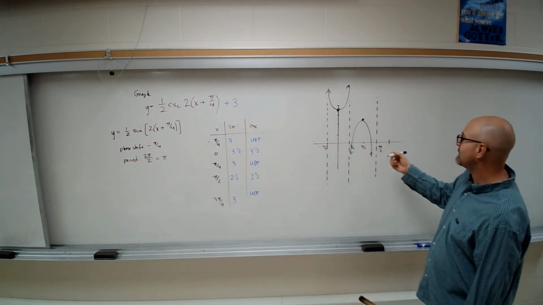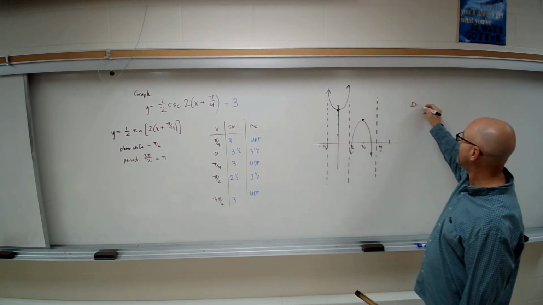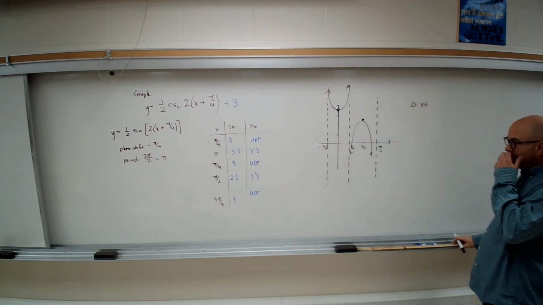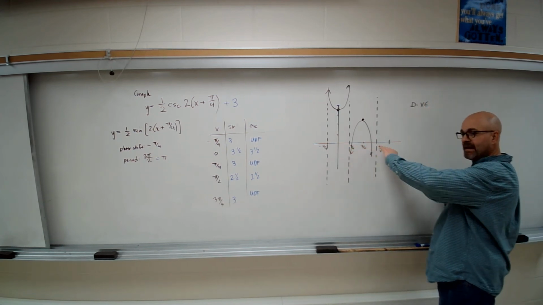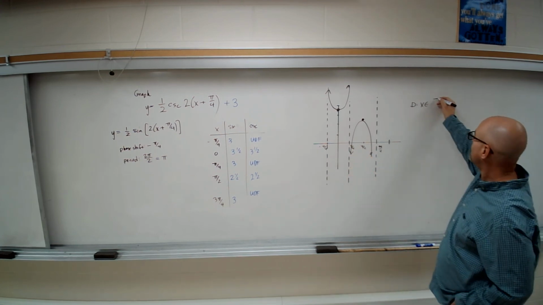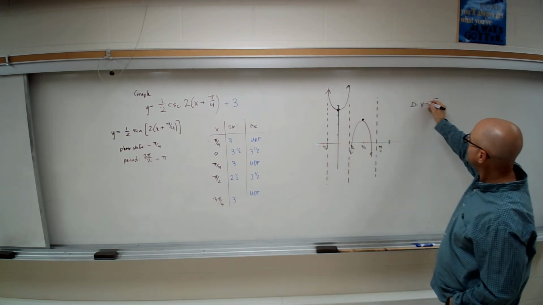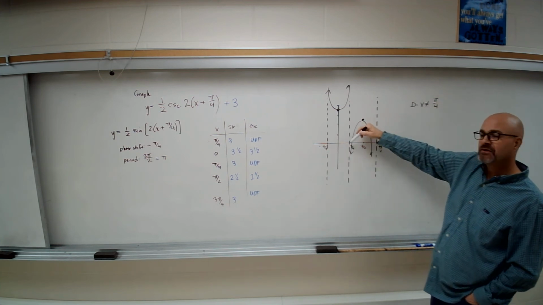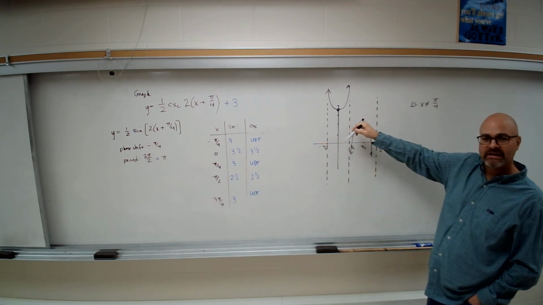For this one that we're looking at, the domain would be x cannot equal. So in this case, pick any location of a vertical asymptote. Let's pick pi over 4. And then they seem to differ by pi over 2, don't they? From one asymptote to the next.